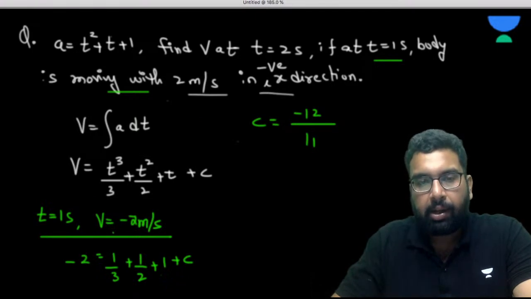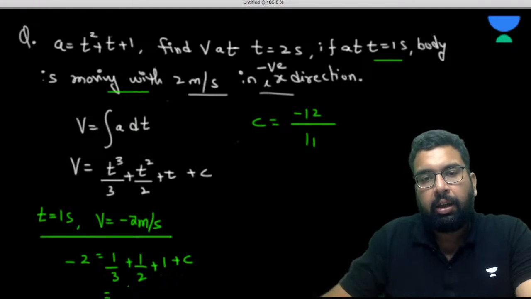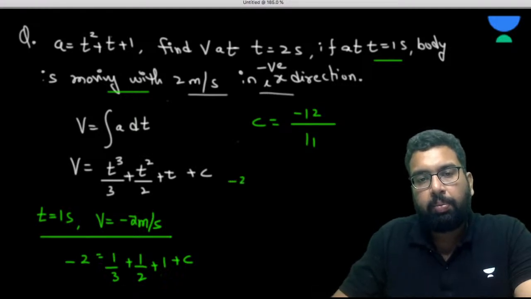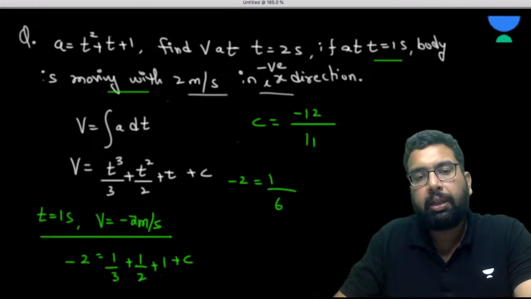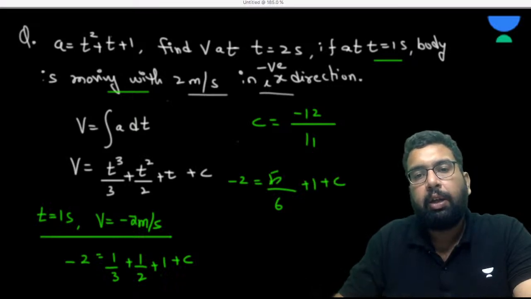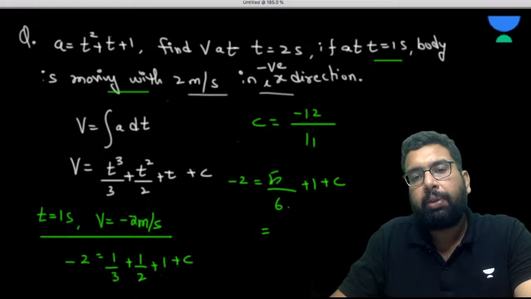So this is c. Let's see. So minus 2, 1 by 3 plus 1 by 2. So the LCM is going to be 6, and this is 2 plus 5, and this is plus 1 plus c. So it will become 6 and 5, that is 11 by 6, and this is minus 2 plus c.